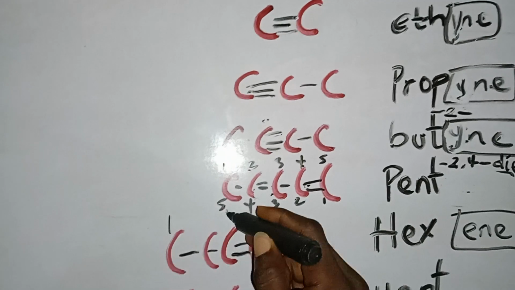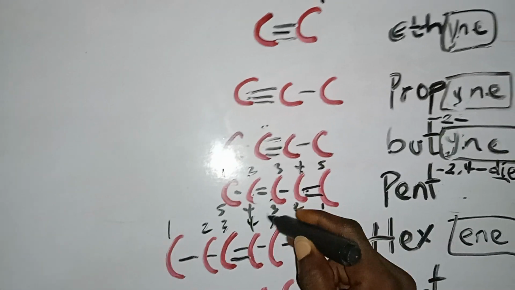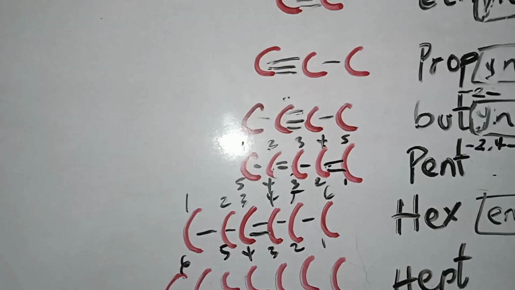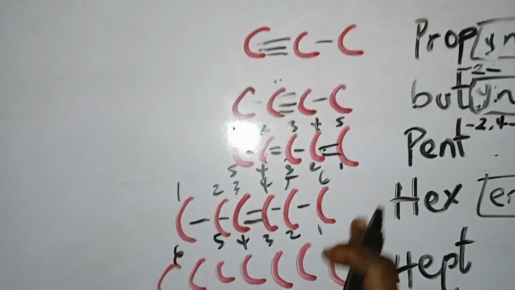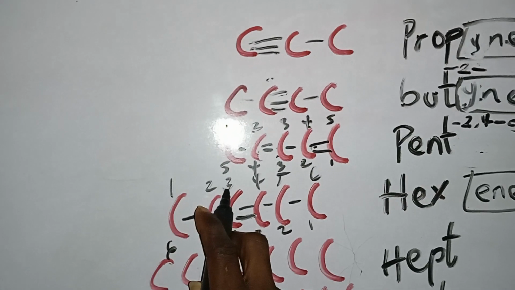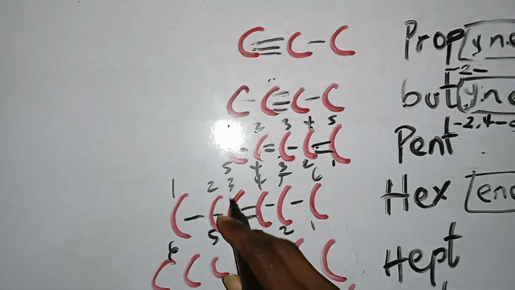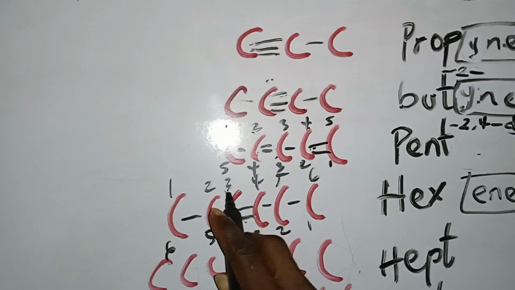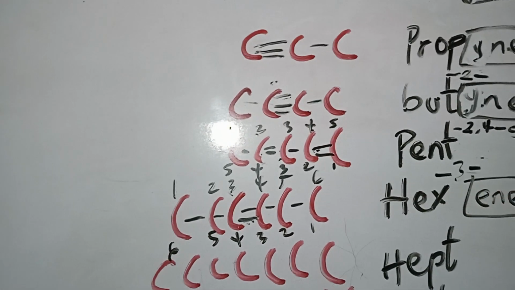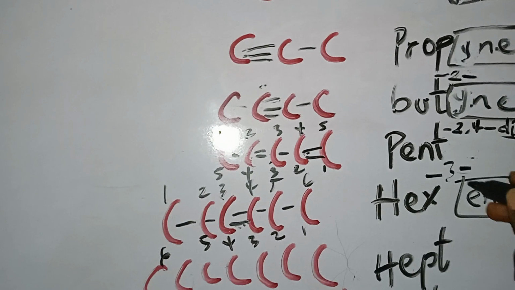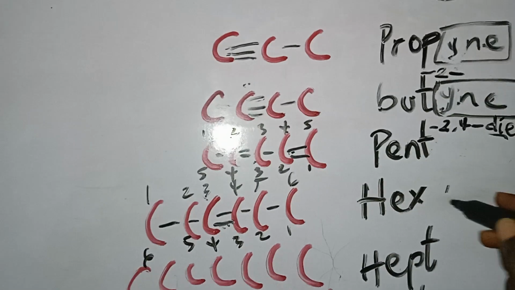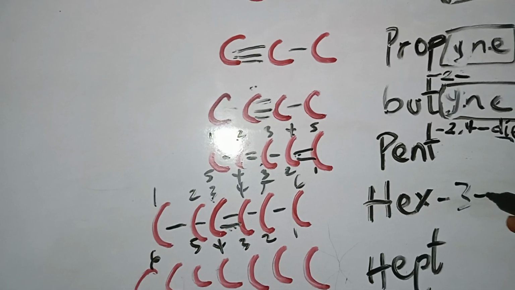That means I'll now count 1, 2, 3, 4, 5, 6, and going back 1, 2, 3, 4, 5, 6. So you label forward, label backwards, then choose the smallest number before the thing happened. Whichever way we go, the smallest number is still 3. So I'll say 3, this is a double bond, 3-ene. And the longest carbon chain is hex, so it will be hex-3-ene. That will be the name. So if you want to write it now, it will be hex-3-ene.